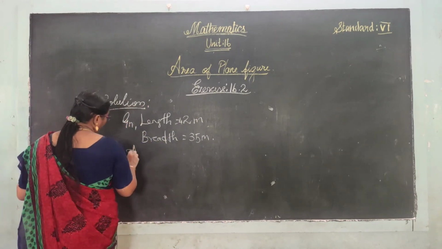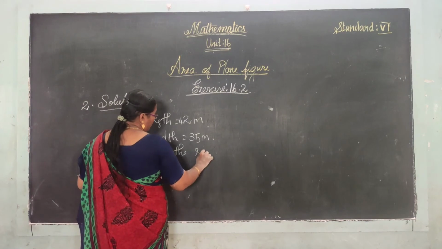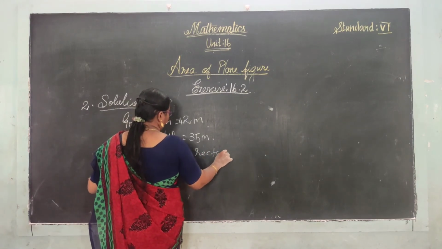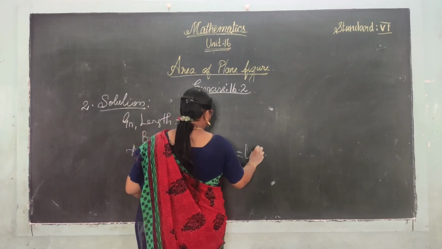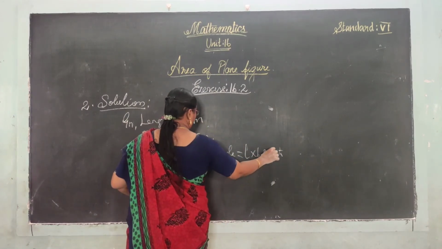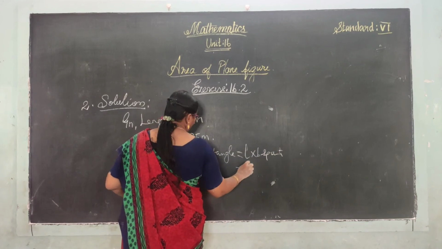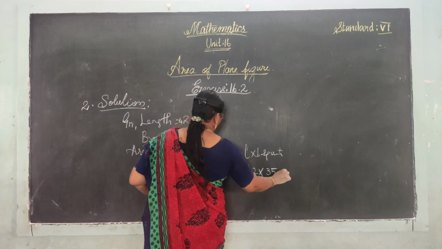Okay, so area of rectangle is equal to L into B square units. Okay, so L value is 42, breadth is 35, meter square.